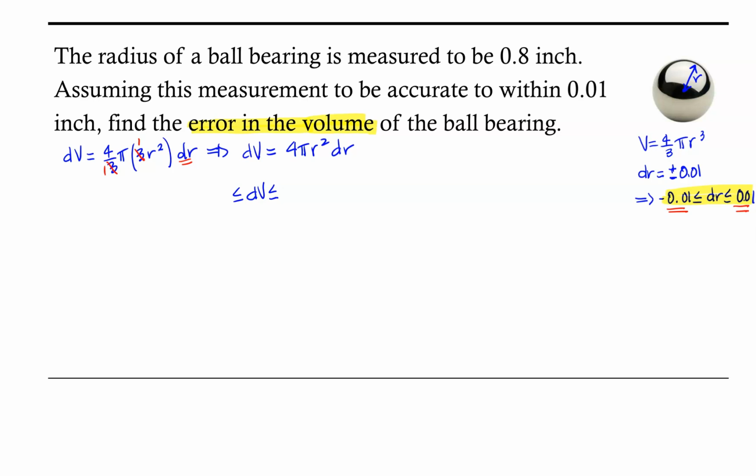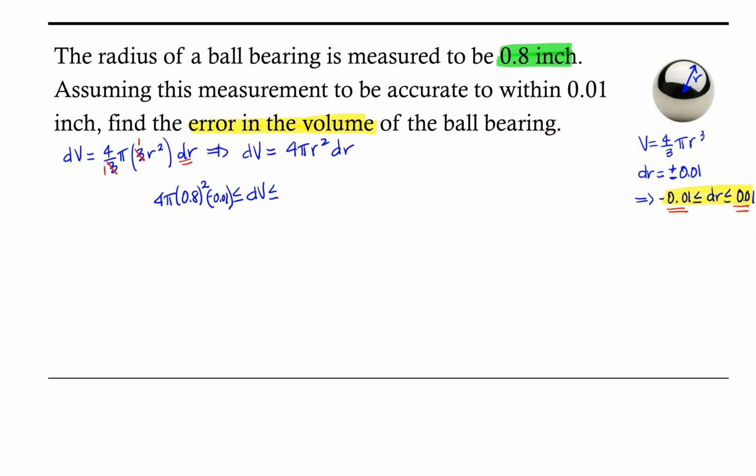Now, if we use the measurement of 0.8 of an inch, we'd have 4 pi times our 0.8 of an inch radius squared times our lower bound for dr, and our lower bound is -0.01.